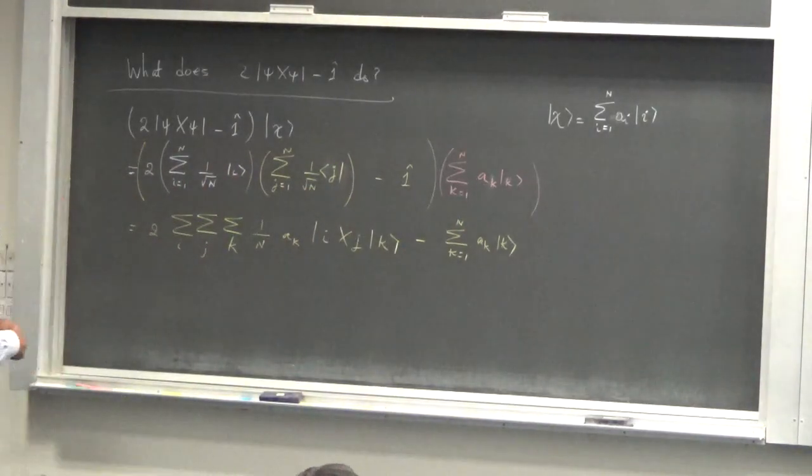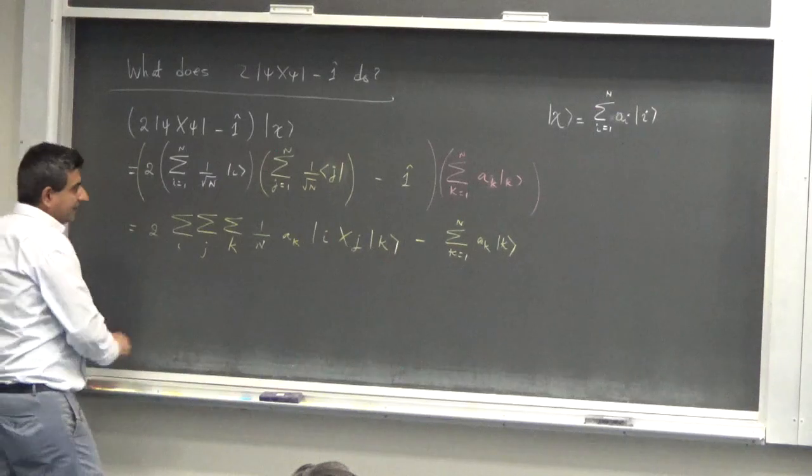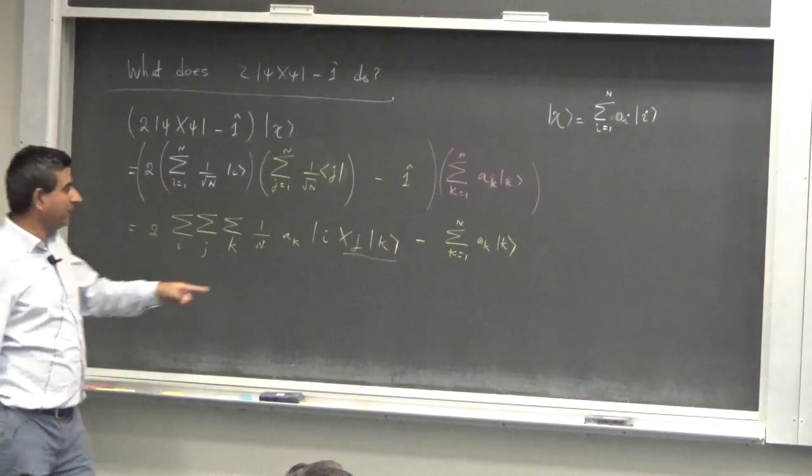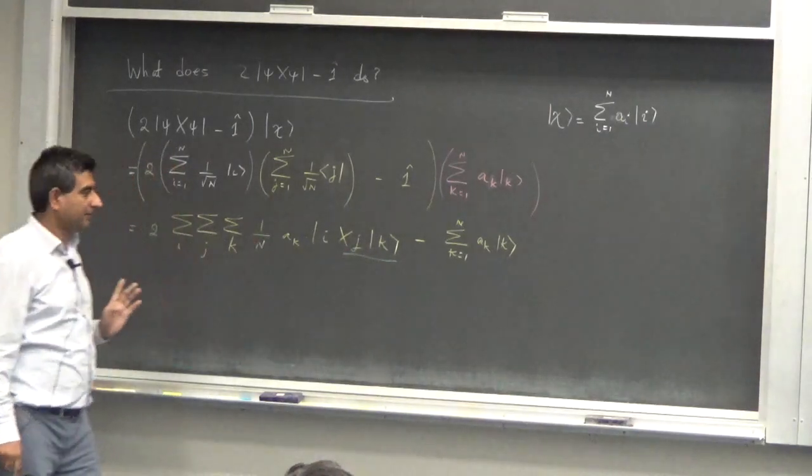Now if you remember, these are basis states and they're orthogonal. So they are non-vanishing only when j equals k.